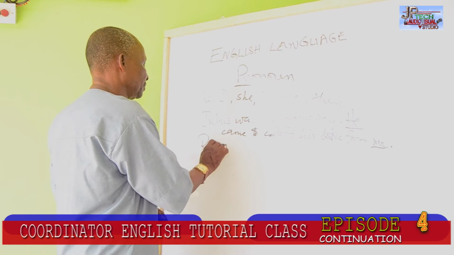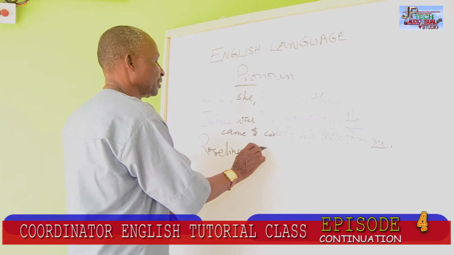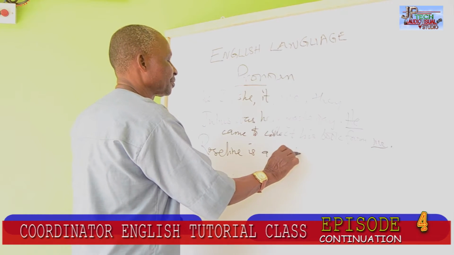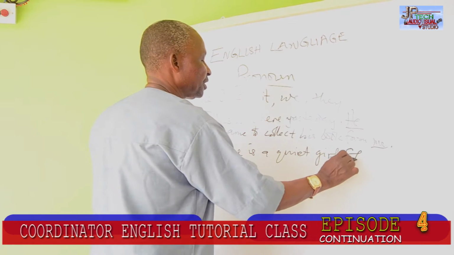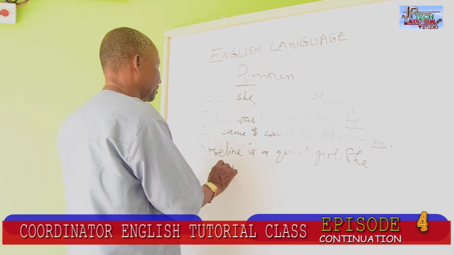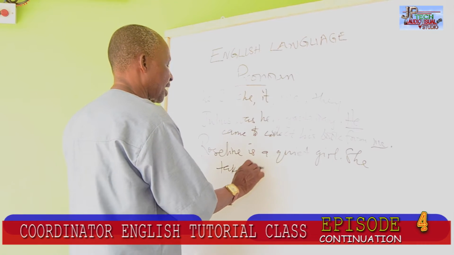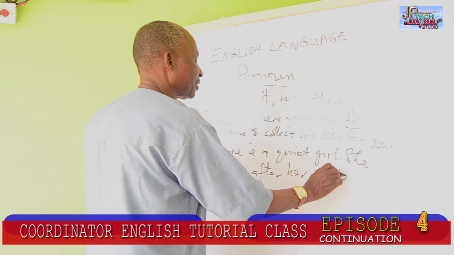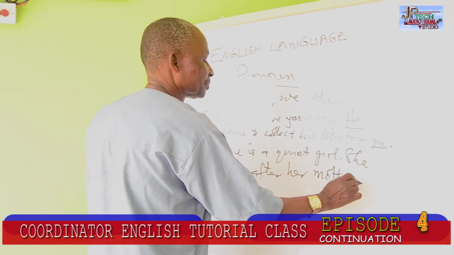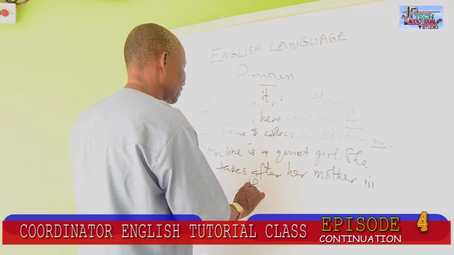Roslyn is a quiet girl. She takes after her mother in this regard.